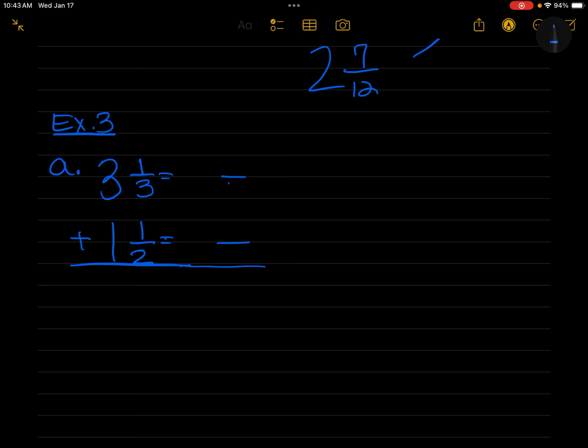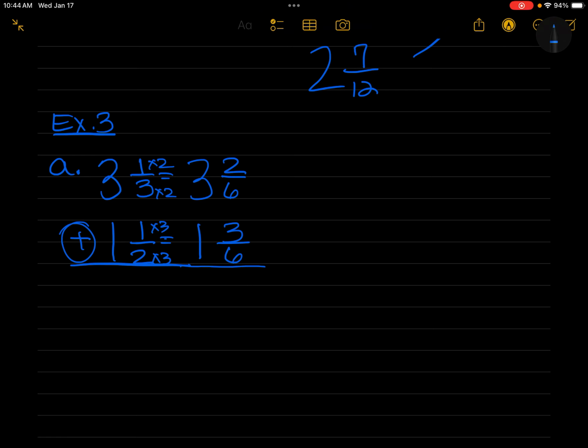Okay, my common denominator is 6. And then I have 3 times 2 is 6, so 1 times 2 is 2. Down here, 2 times 3 is 6, so 1 times 3 is 3. Bring over my whole numbers, and always look to make sure that you're adding or subtracting.